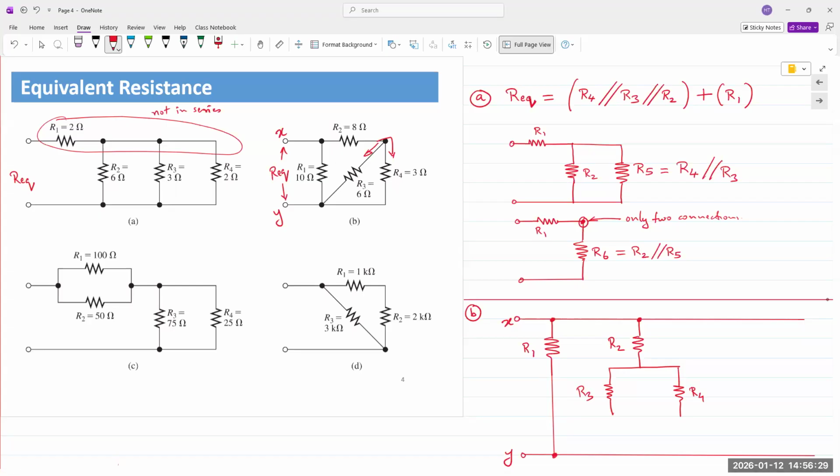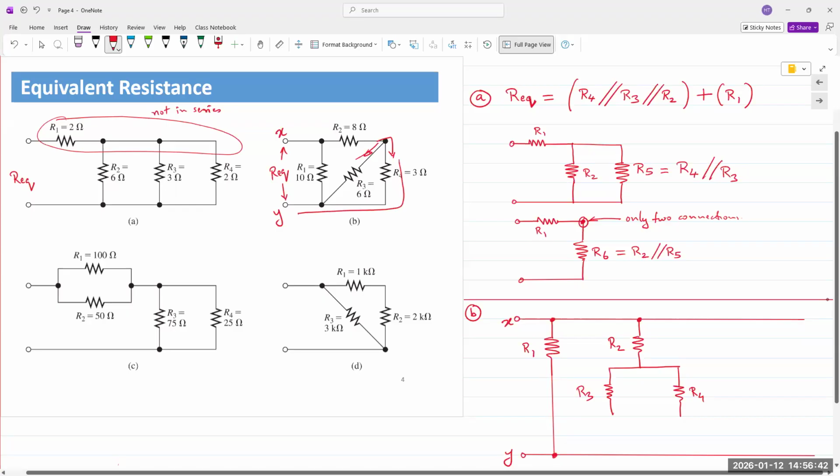And then where are those resistors going? We're going to terminal Y. So it's going to Y. That is also going to Y. So I'm simply going to drop a line like this, drop a line like this. Then I count back, look at all the resistors.